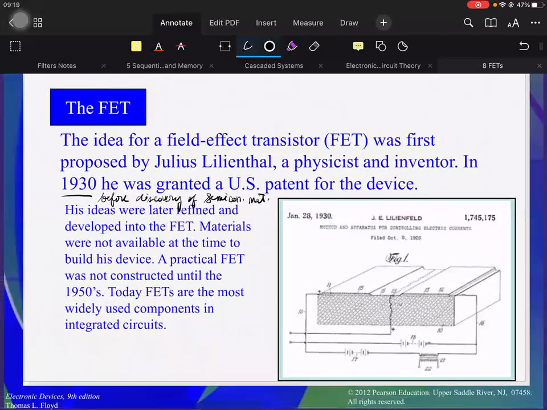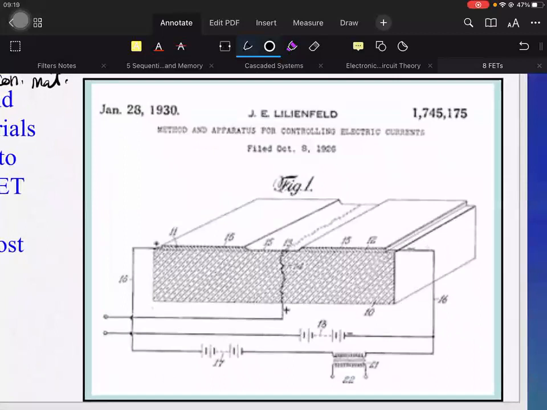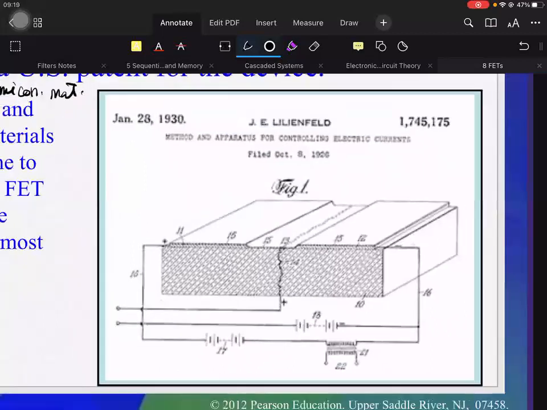Materials were not yet available at the time, and the practical FET was not constructed until the 1950s. So this was the time that the field effect transistors were invented.